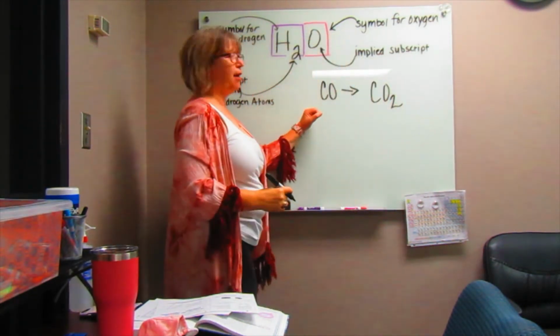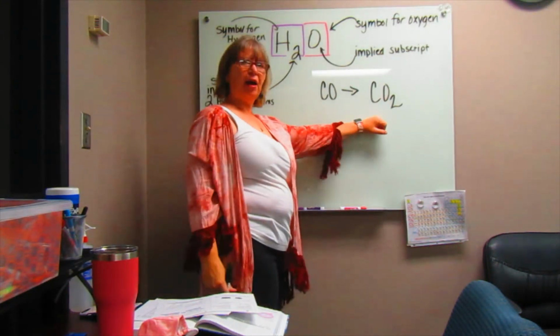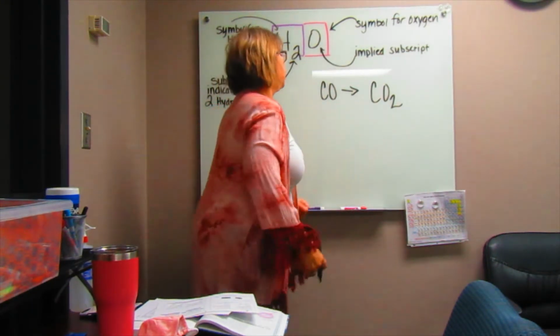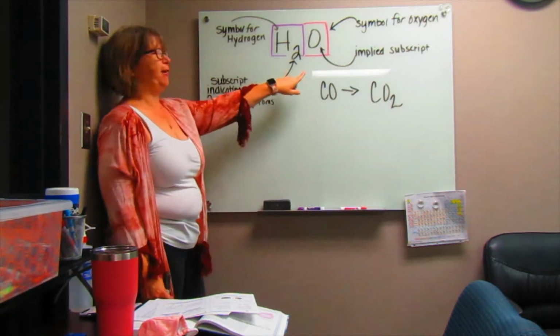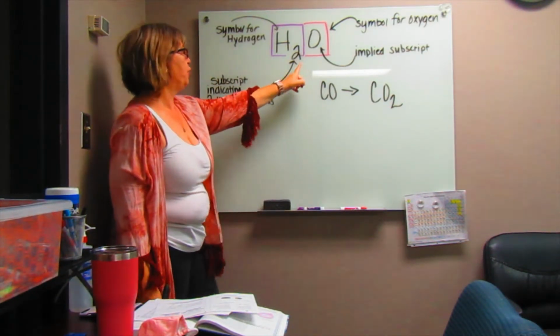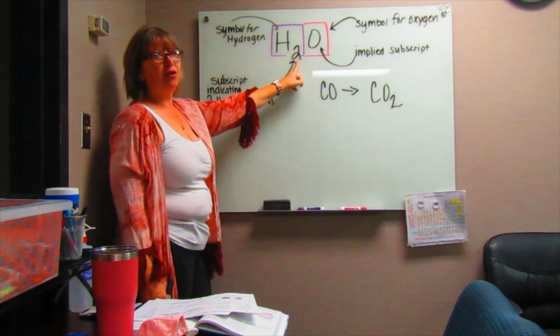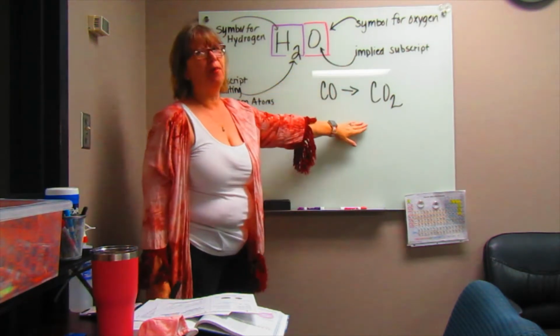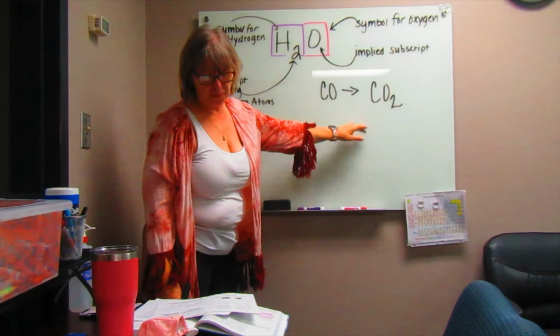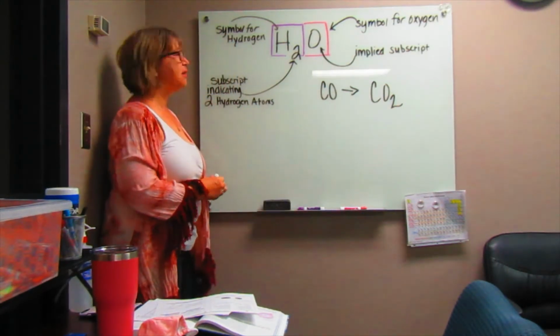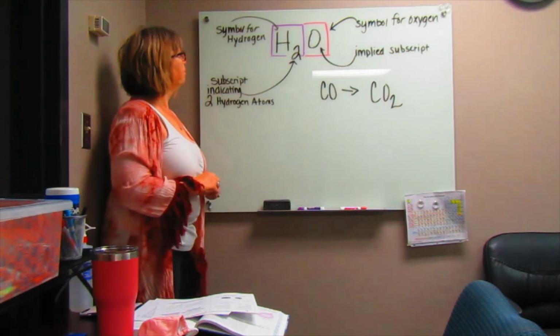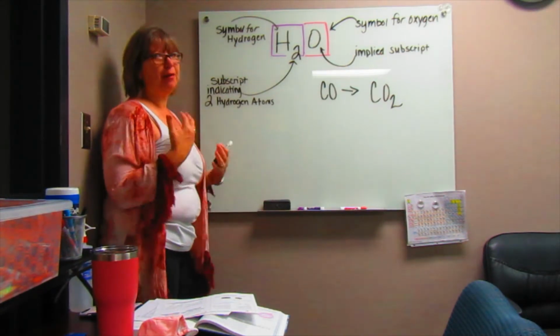So carbon monoxide becomes carbon dioxide. That's why it's important to be able to identify these subscripts and know that when you change a number, your subscript, it changes your compound altogether. Let's take a look at different kinds of chemical formulas, define them and identify them.